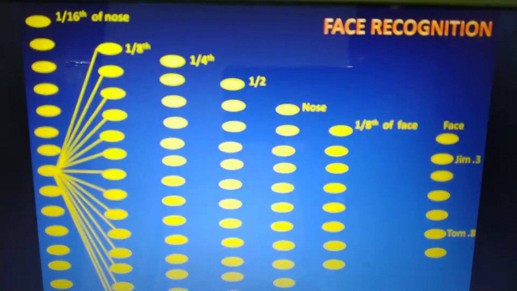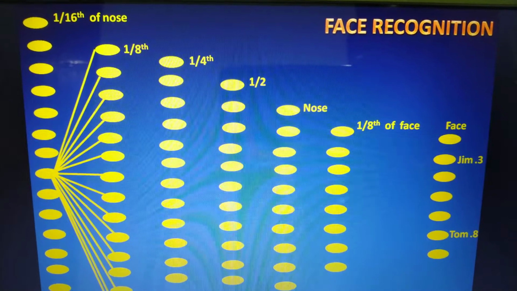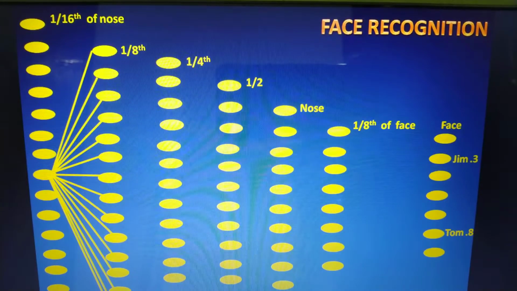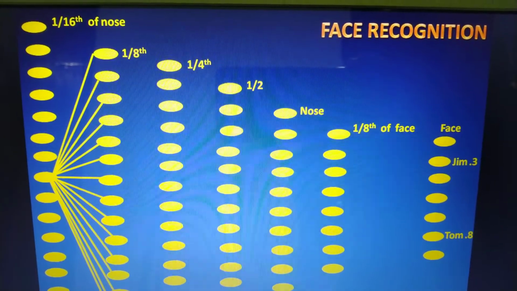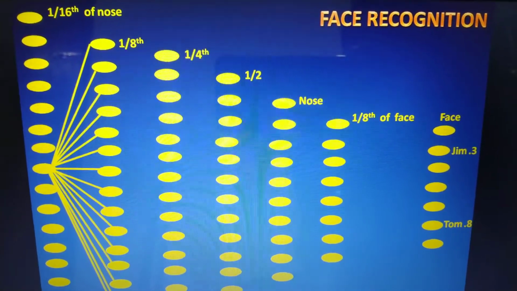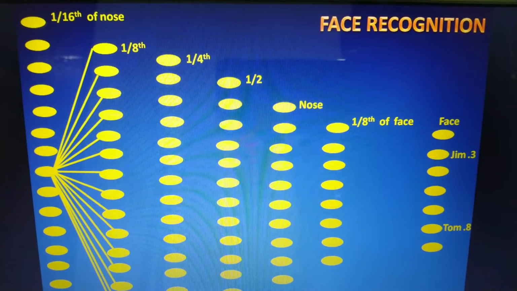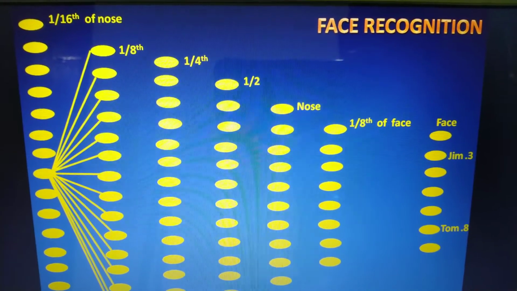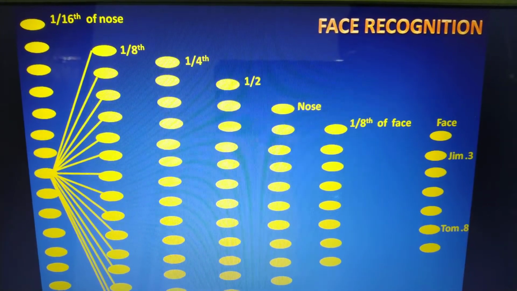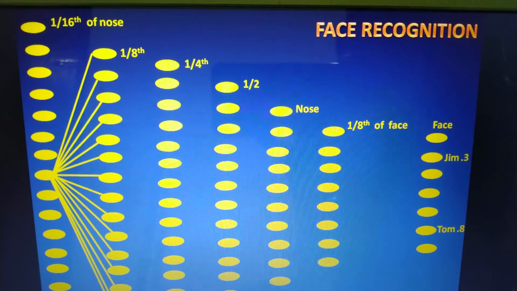The output neurons actually classify and combine the full image of Jim and Tom. Now what happens? Jim has a score of 0.3, meaning a 30% match with his earlier clean shaven image. Now Tom has an 80% match, meaning this particular bearded image that you are given is not that of Jim, it is that of Tom. I hope this sequence is clear.